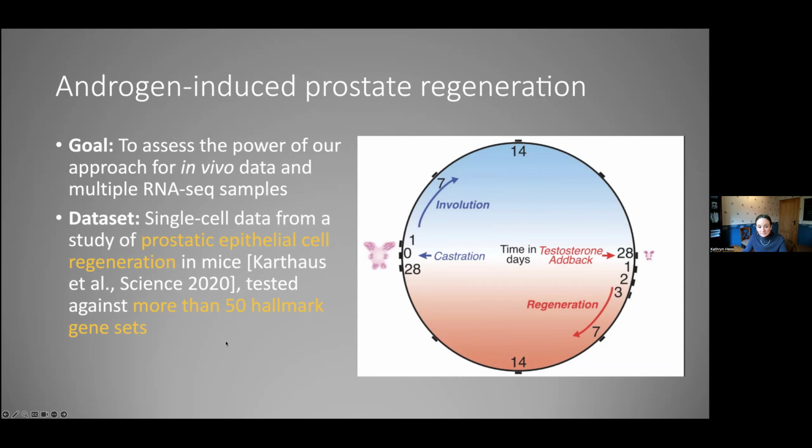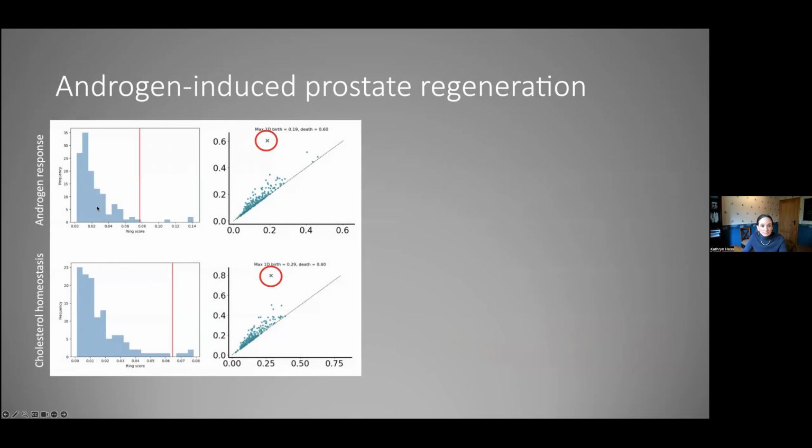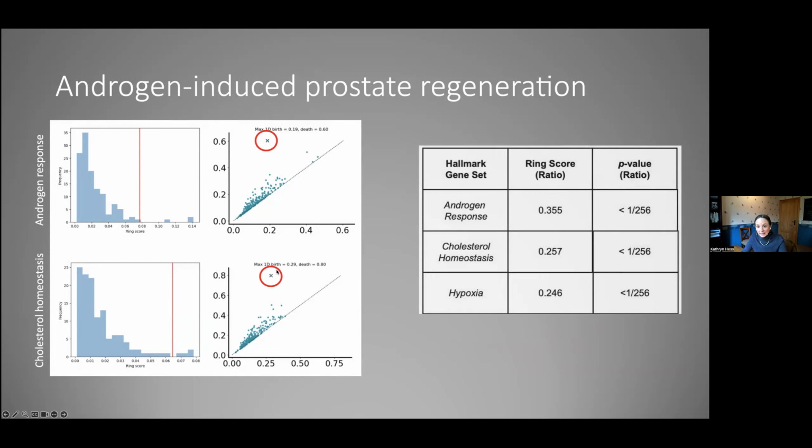We tested this against more than 50 hallmark data sets. For two of them, for example, here are the androgen response and cholesterol homeostasis gene sets. These are the persistence diagrams here, and we have persistent and significant circular structure that we see in them, highlighted in red here.